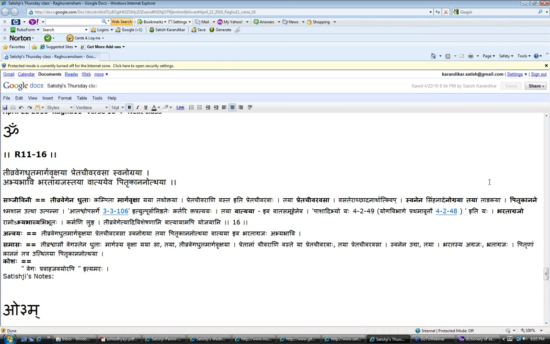So shmashane uttha equals utpanna. So the vigraha vakyam is that pitrakanane uttha, uttha equals utpanna. So that is the gust of wind or that hurricane or whatever, that which is arising in the cremation ground.